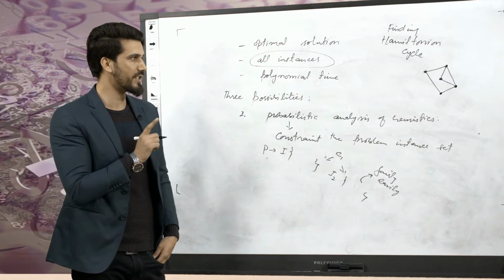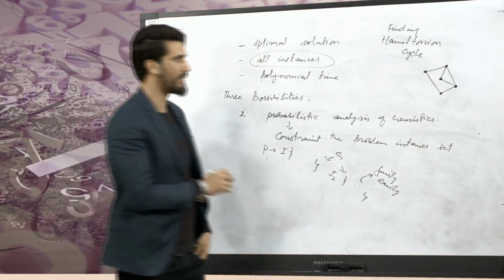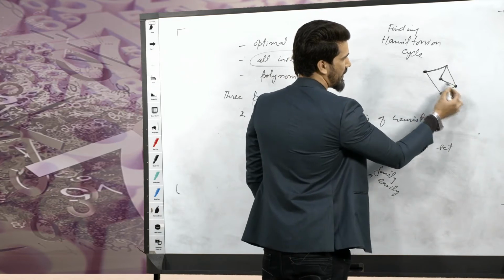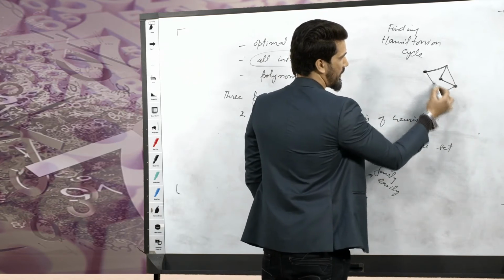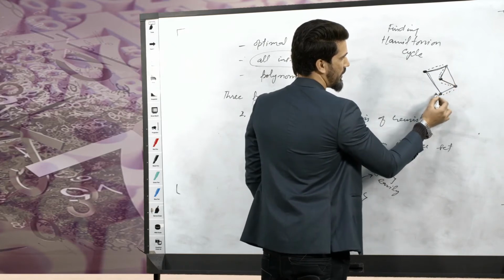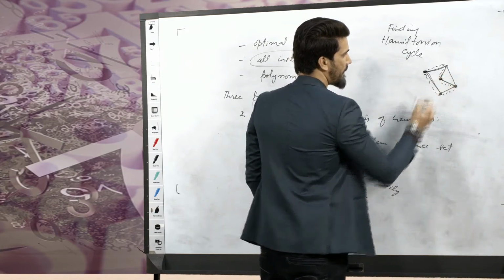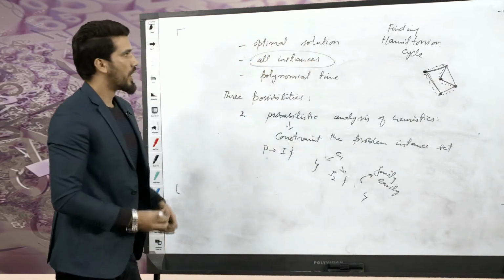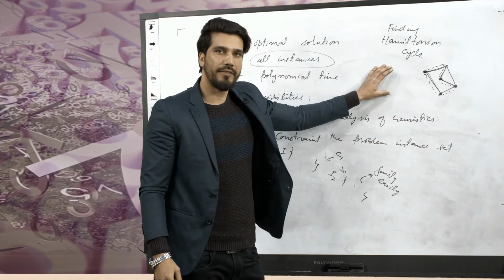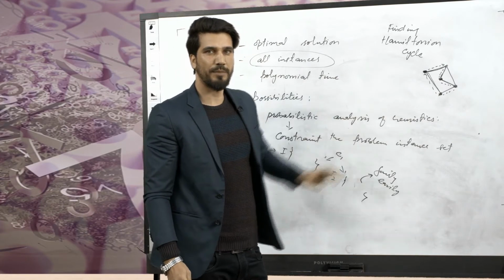One possible Hamiltonian cycle will be like this. So here, here, here, here, here. So this problem, finding Hamiltonian cycle in a graph, is an NP complete problem.